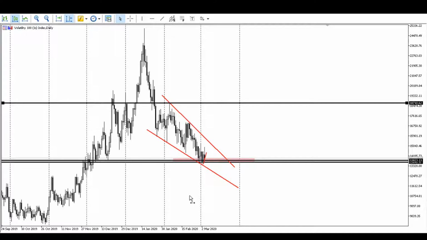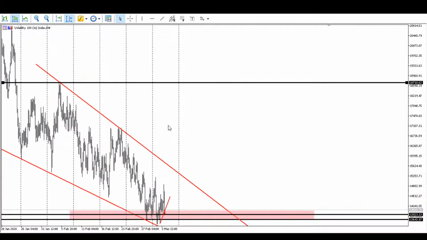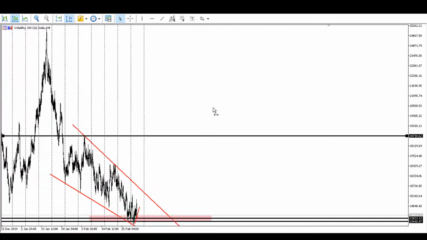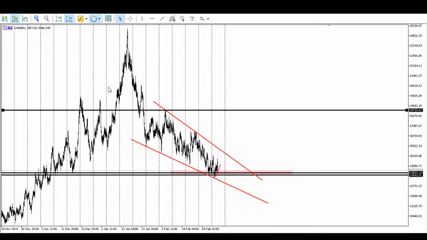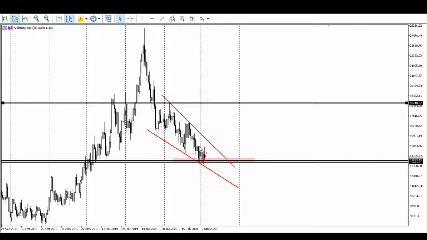So after I finish identifying the high and the low of the previous month, then I go to another lower time frame, H4. And here in the daily time frame, you see this is a falling wedge.